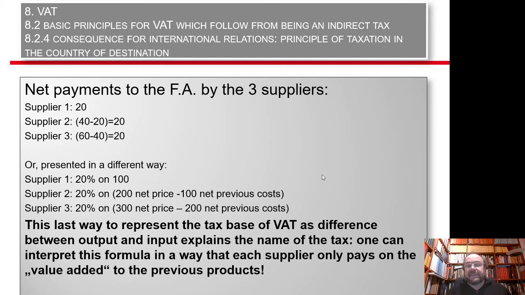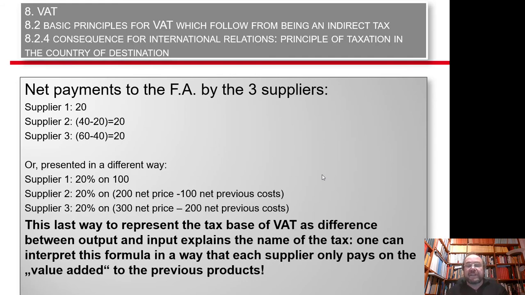And this difference between 300 and 200 or 200 and 100 is just the value added in the production process to the original product just by doing additional labor on it. And that explains why the tax ended up with the name value added tax.